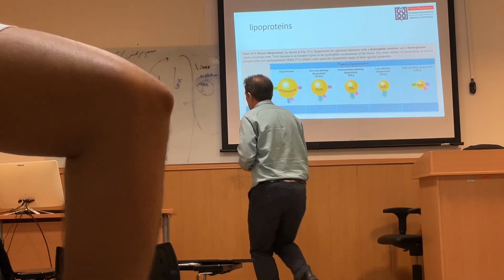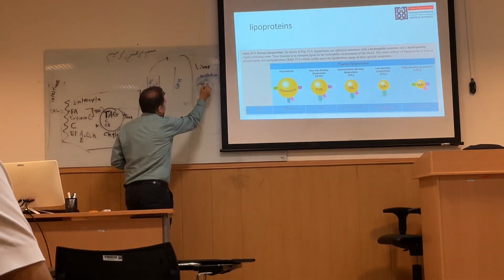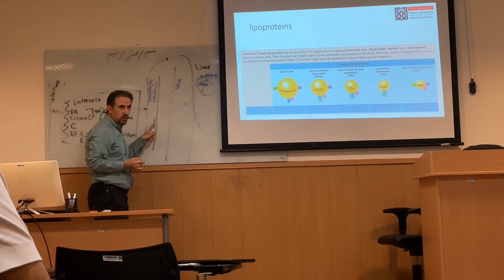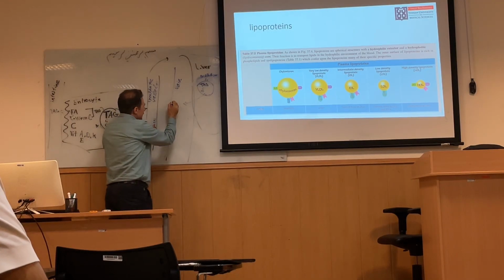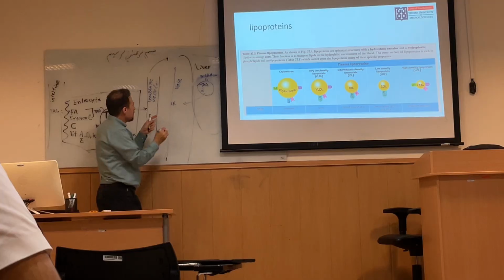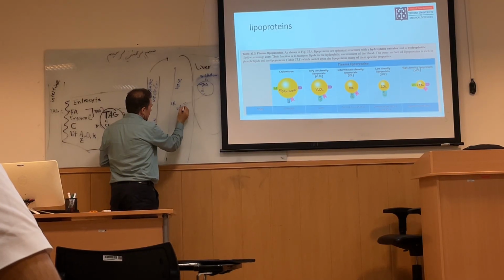How about this one? When we release this one to the blood circulation, we also have this enzyme in the blood circulation, lipoprotein lipase, which acts on this VLDL or this big one.